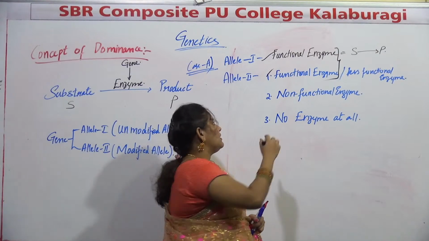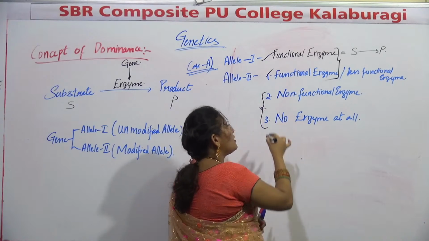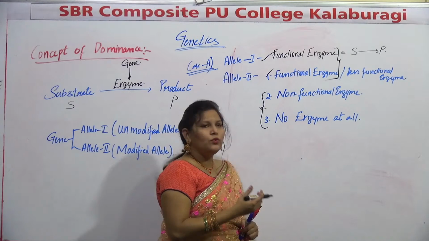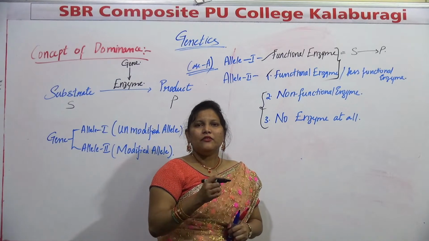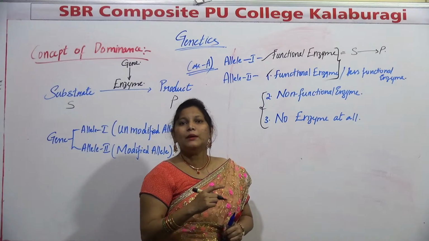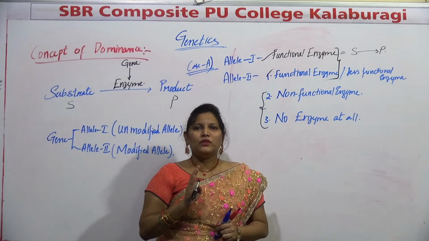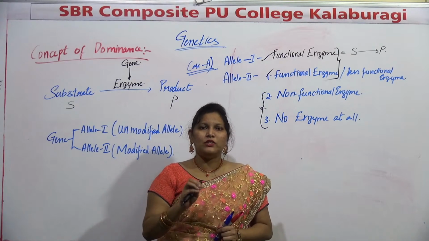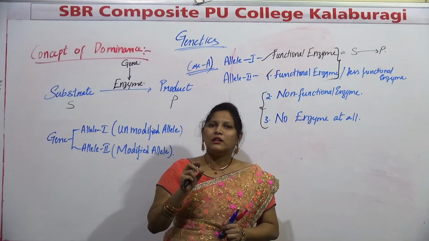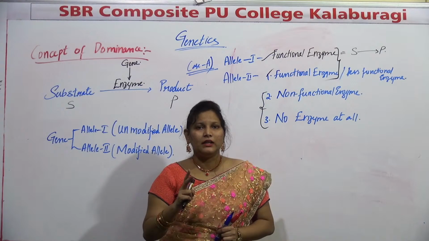But if it is the second or third case, if it is producing a non-functional enzyme or no enzyme at all, then the function of the gene depends only on the unmodified allele. Once again, the function of the gene is to produce an enzyme which helps in conversion of substrate into product. It has two alternative forms, the unmodified allele and the modified allele.